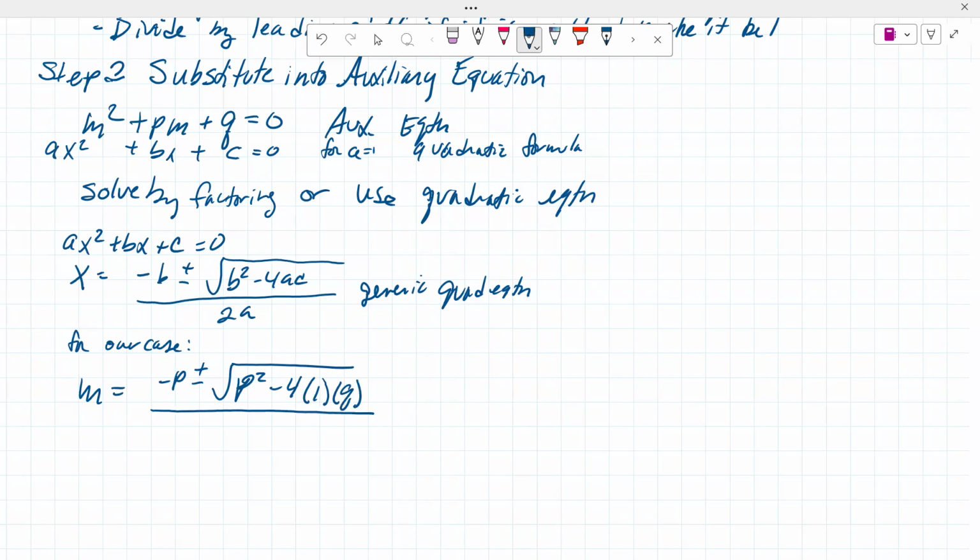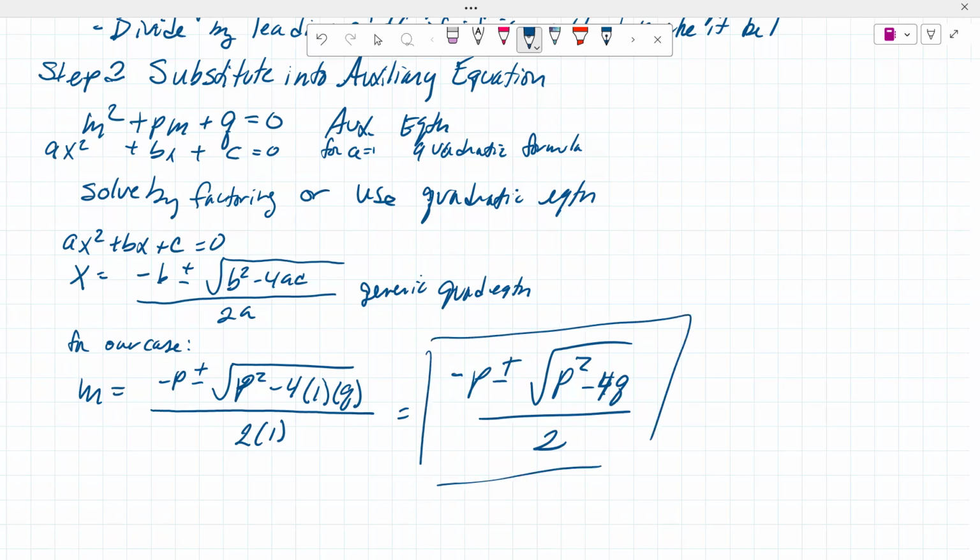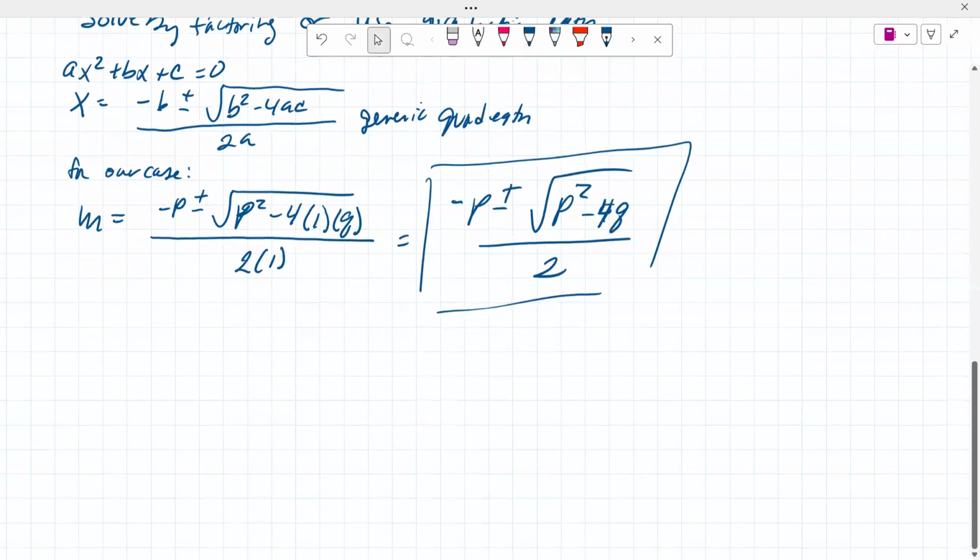But remember that our a is 1, over 2 times 1, right? So in other words, we have negative p plus or minus square root p squared minus 4q all over 2. This is the one we're going to be using, right? So that matches our auxiliary equation. So we will be substituting into that.